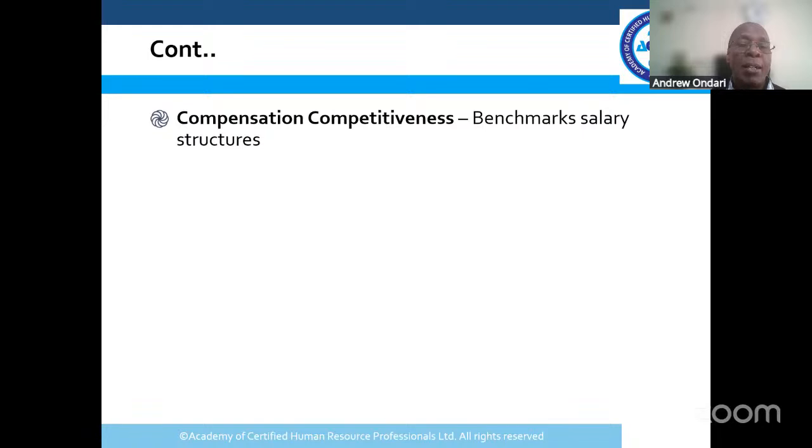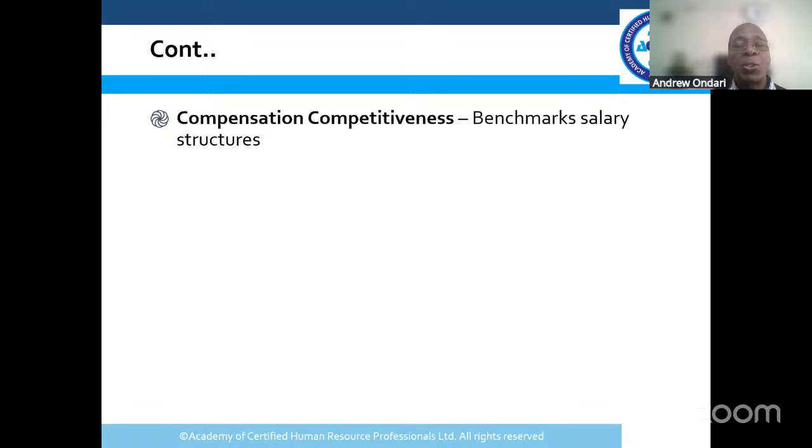For those who are permanent and pensionable or on contract, they are paid salaries. And for those who are on short-time contracts, they are paid wages. So what are we going to measure in terms of our competitiveness in compensation? It is the salary structures and how they are implemented.